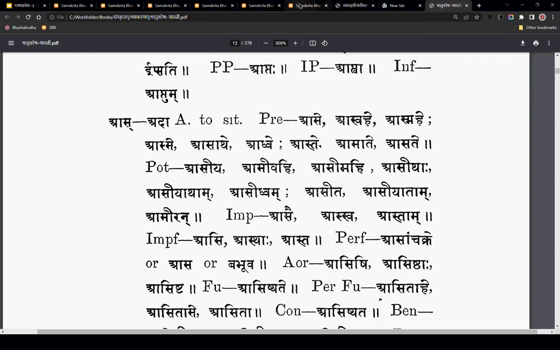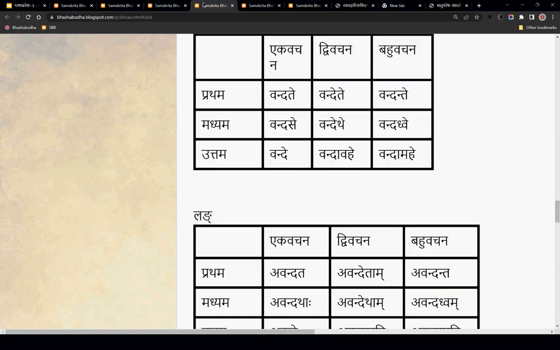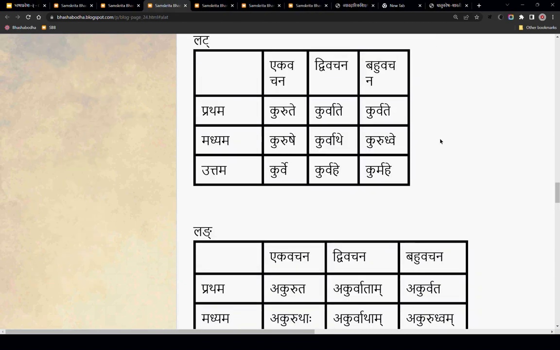Even here, when you say kru dhatu in Atmanepada, kurute, kurvate, kurvate. So it is not kurvante. Everywhere it is not ante. Here it is kurvate. So keep that in mind.